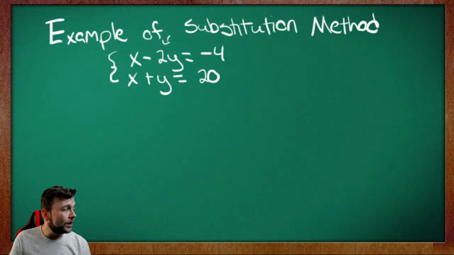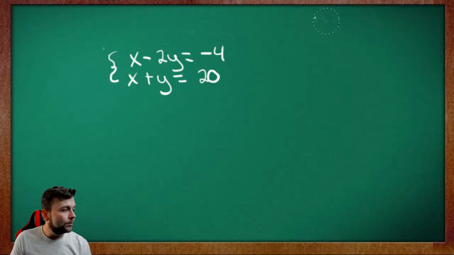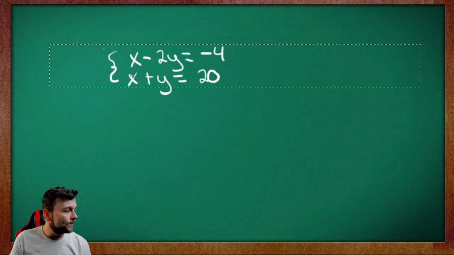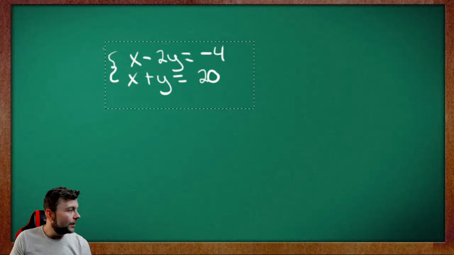But before I do that, I'm going to move things out of the way just so we have a little bit more room. Let's go ahead and just delete the words, and then we're going to move everything up.